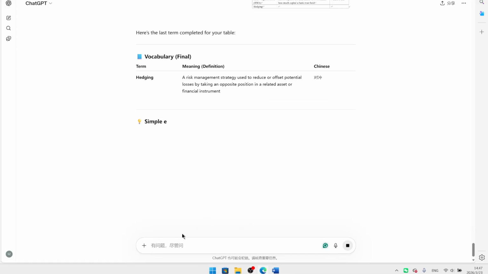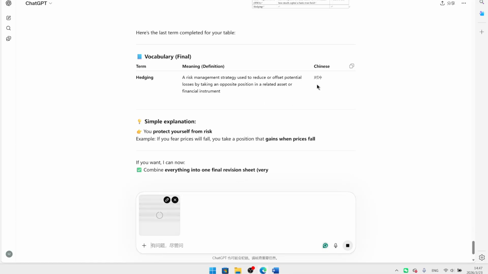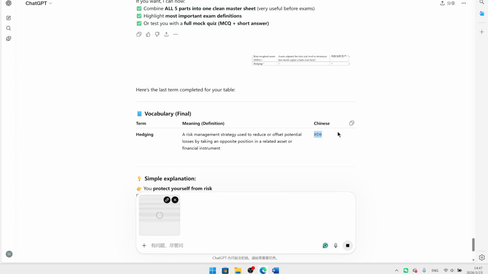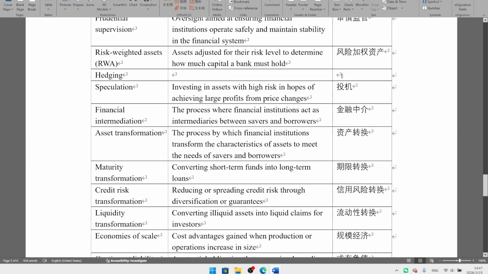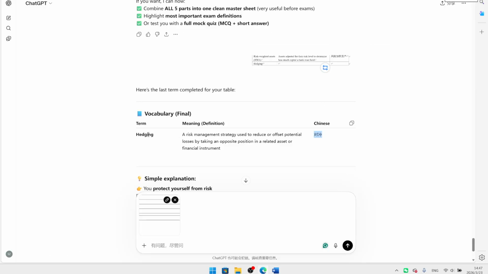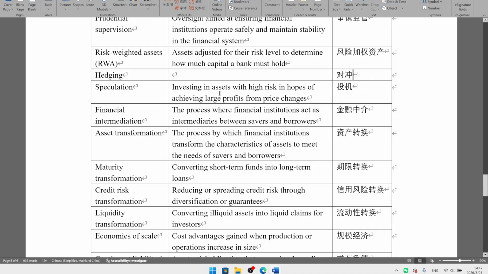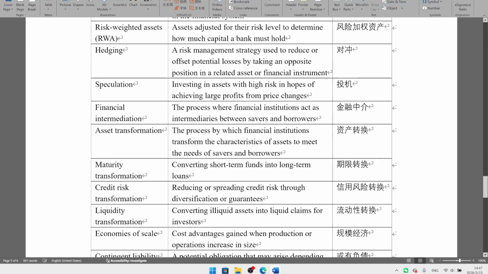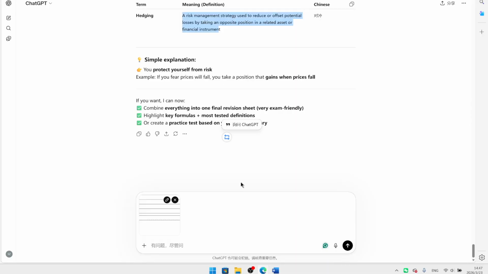Apart from that, we also have Basel. Hedge is a risk management strategy used to reduce or offset potential risk in a position. Yes, the hedge. When you use a hedge, you can never earn more profits.